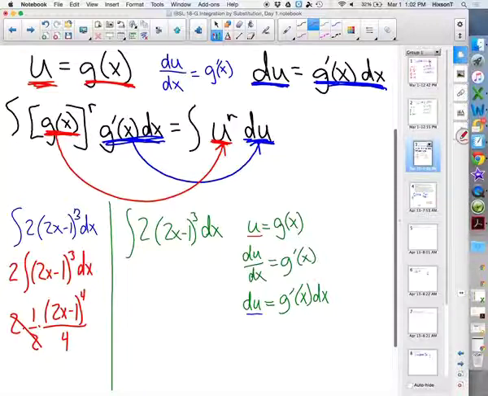Or, if we recognize, hey, I'm going to let u equal 2x minus 1. What is the derivative of 2x minus 1? It's 2.